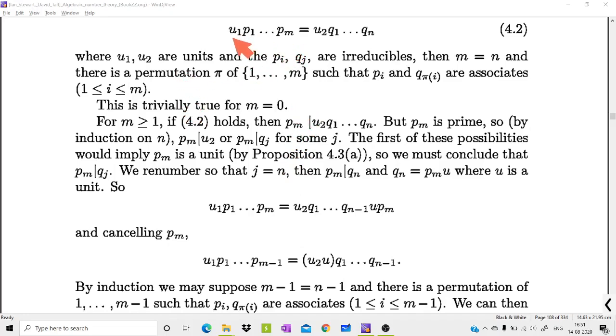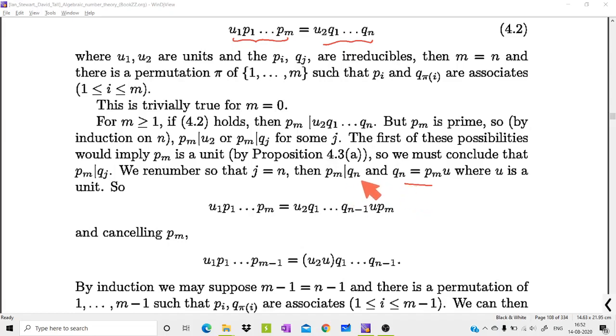We know that pm divides this factor, then clearly pm divides this one. Here pm is an irreducible, and our assumption is every irreducible is a prime. Then we can say that pm divides this factor. Pm divides this factor means pm can be written as some qn equal to pm u.